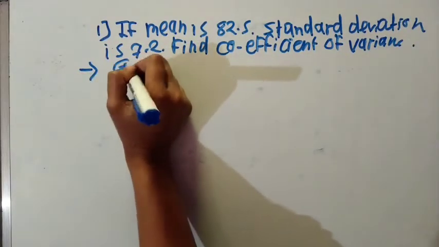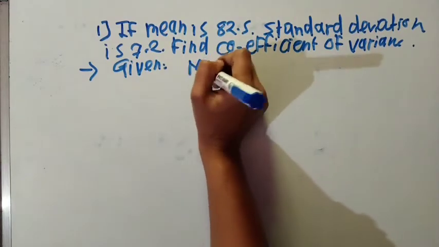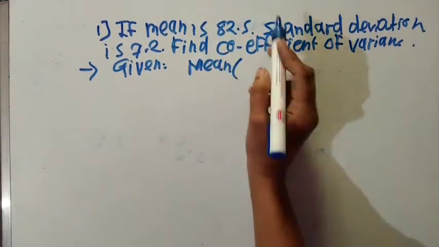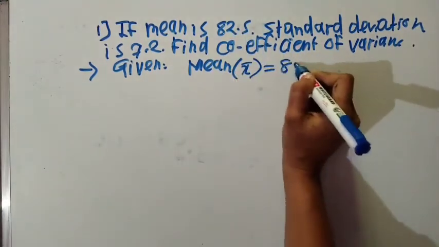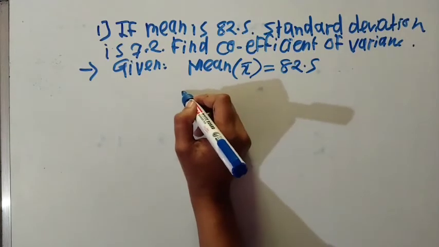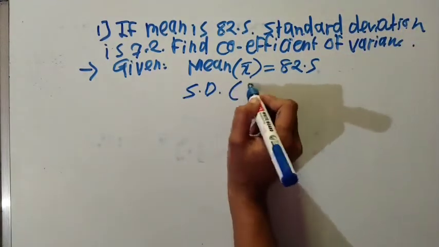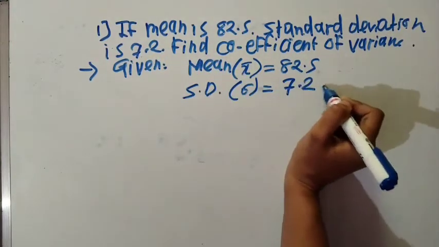Given that mean x bar is equal to 82.5 and standard deviation sigma is equal to 7.2.